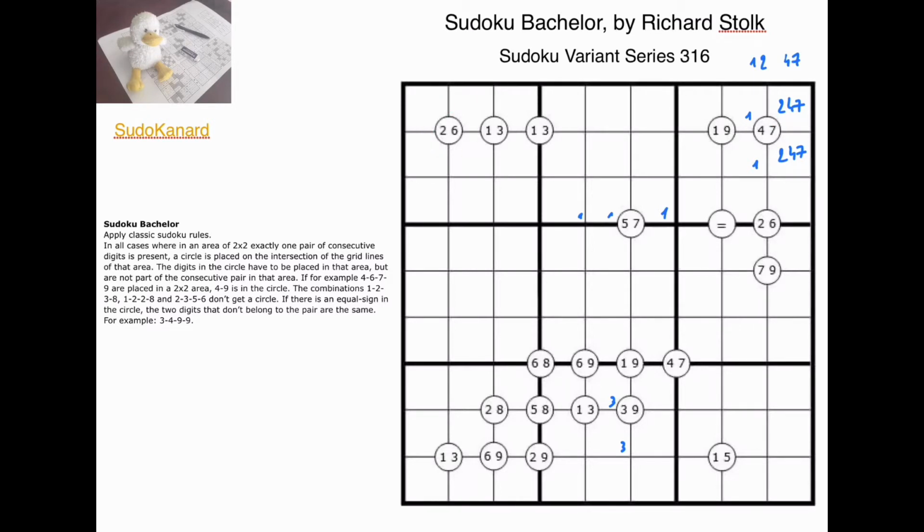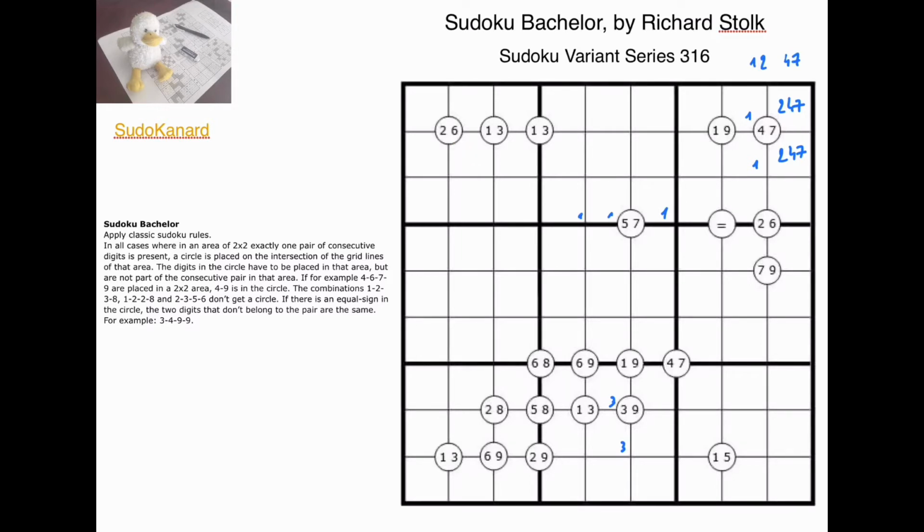So with 2 and 6, we need 2 consecutive digits, and we rule out 1, 2, 3, 5, 6, 7, and 3, because 3 would come with a 3. No, I mean 4. 4 is ruled out because it would come with a 3 or a 5, which would be consecutive with either 2 or 6. So the remaining digits must be 8 and 9.